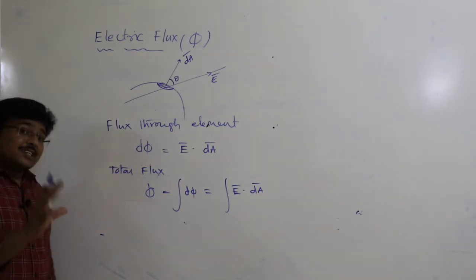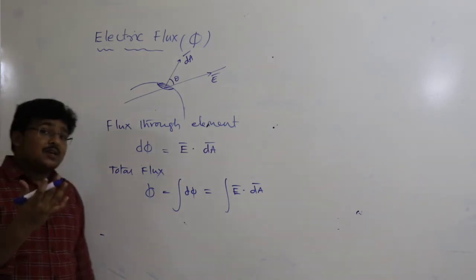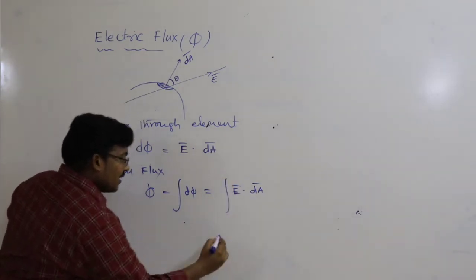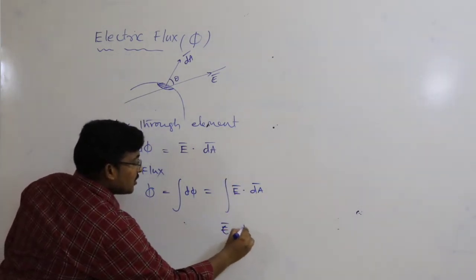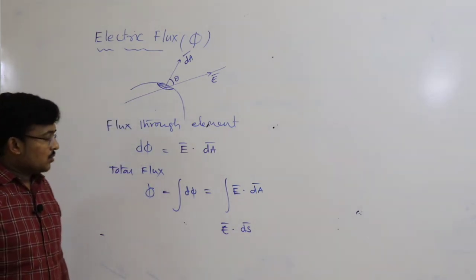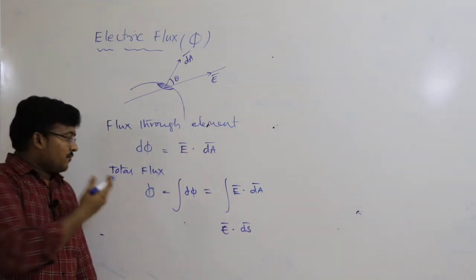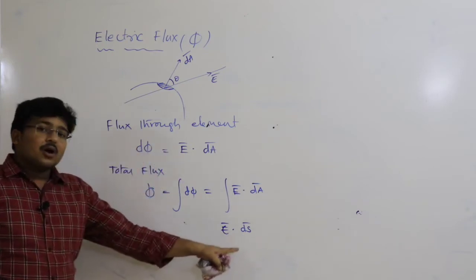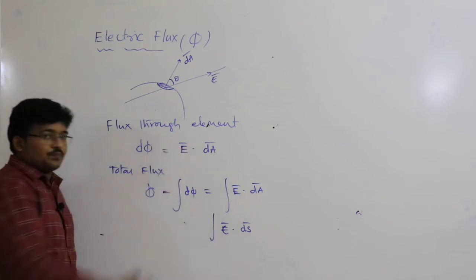In some textbooks they may use the area symbol as S also. So here for area they can write E bar dot S also. Sir, why? Because surface area. So you can write the flux formula as E bar dot dA bar or E bar dot dS bar also. Okay?